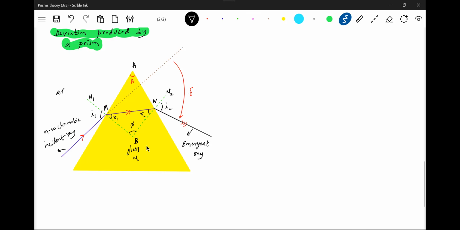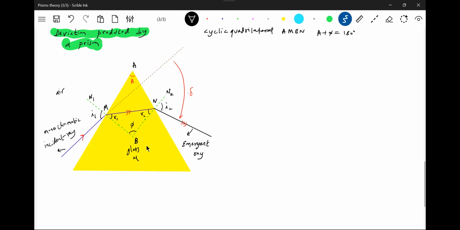So we have a cyclic quadrilateral A, M, B, N. In a cyclic quadrilateral, the sum of opposite angles should be equal to 180 degrees. So therefore, A plus phi should be equal to 180 degrees.